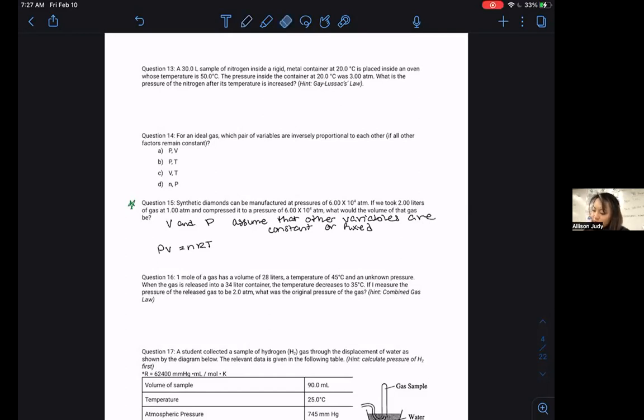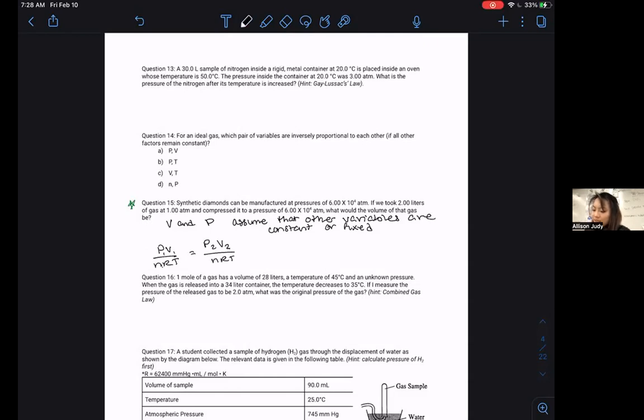Or we could simply write it PV over nRT. And if we're talking about a change, a dynamic state, it would be like saying P1 V1 over nRT equals P2 V2 all over nRT.